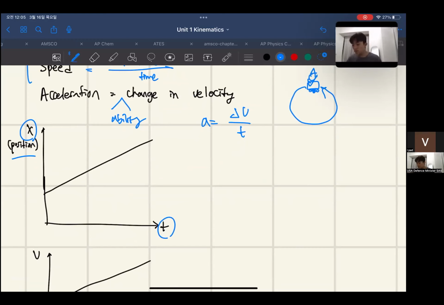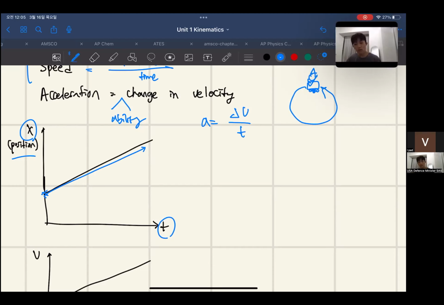Now let's look at this graph. What does this graph tell us? As you can see, as time goes on, the position of this object increases proportionately. This tells us, first of all, let's think about the velocity of this object.